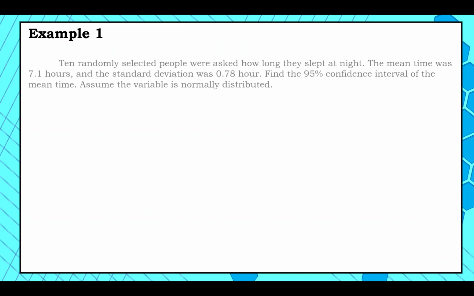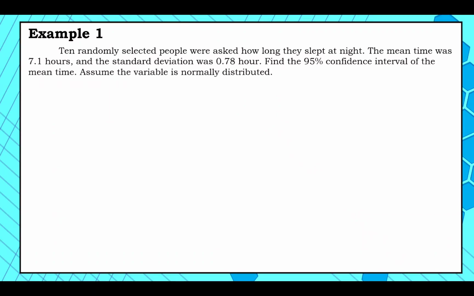Example, 10 randomly selected people were asked how long they slept at night. The mean time was 7.1 hours, and the standard deviation was 0.78 hours. Find the 95% confidence interval of the true mean.